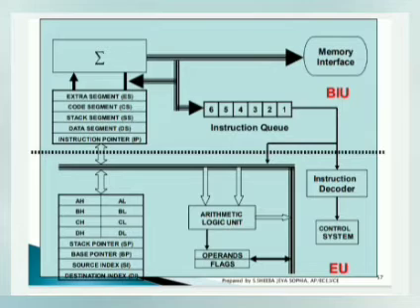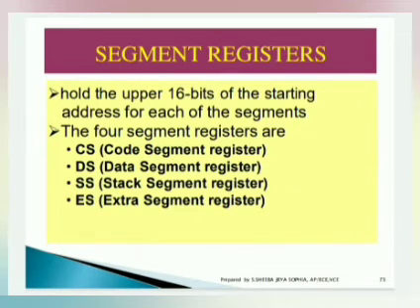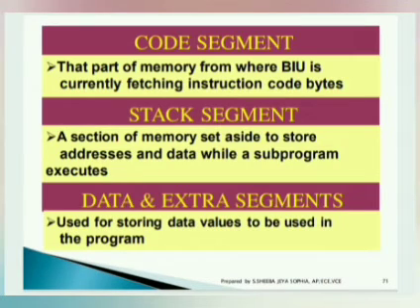You can see the blocks available here in the bus interface unit. There are segment registers available, four major ones: extra segment, code segment, stack segment and data segment. From the name itself you can identify that the data segment is used to get the data, store it for temporary purposes and produce the output.